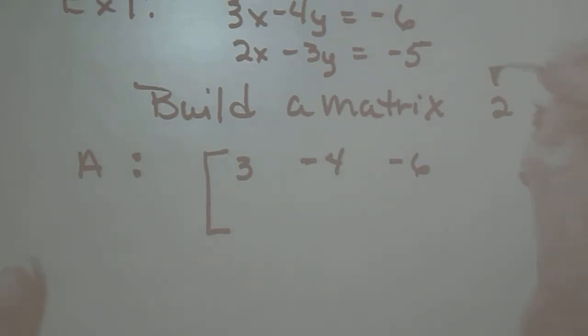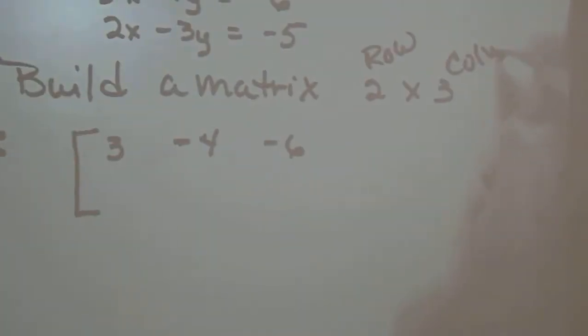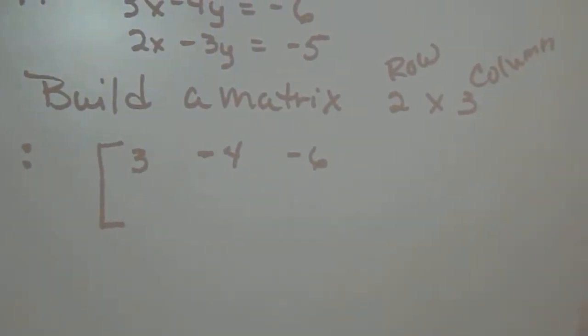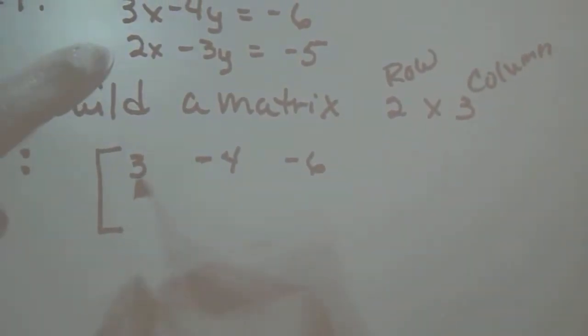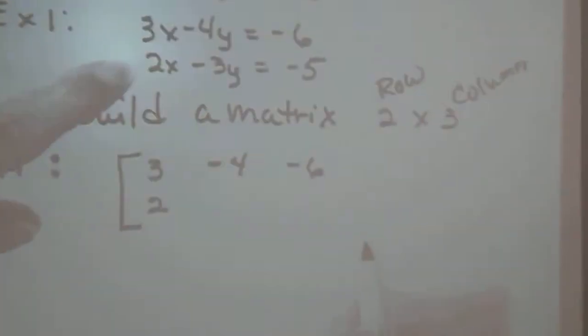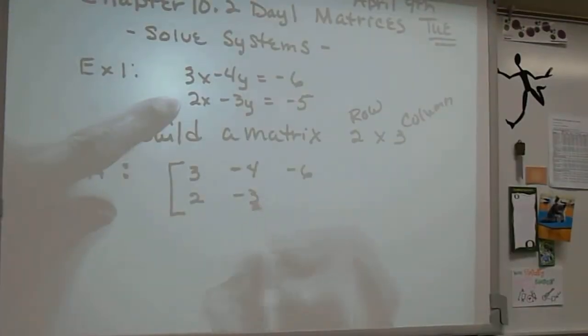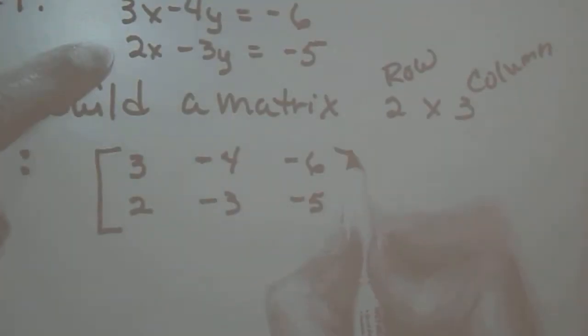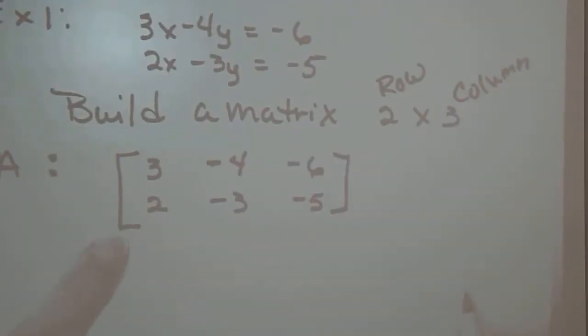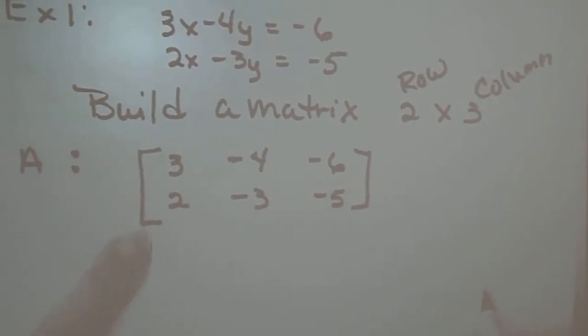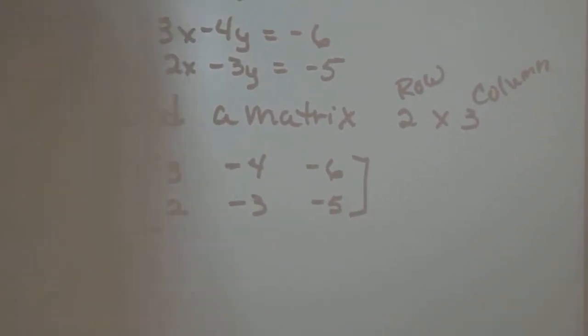So the 2 stands for row, 3 stands for column. So my second row, I've got a 2, a negative 3, and a negative 5. Okay, so this is the matrix I'm going to build in my calculator. So let's see if we can write the steps down.